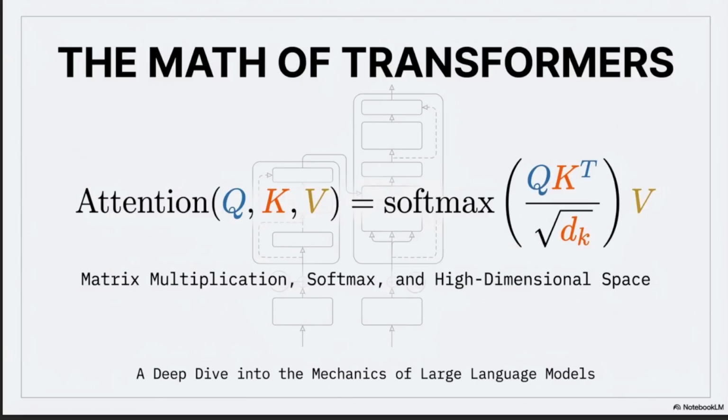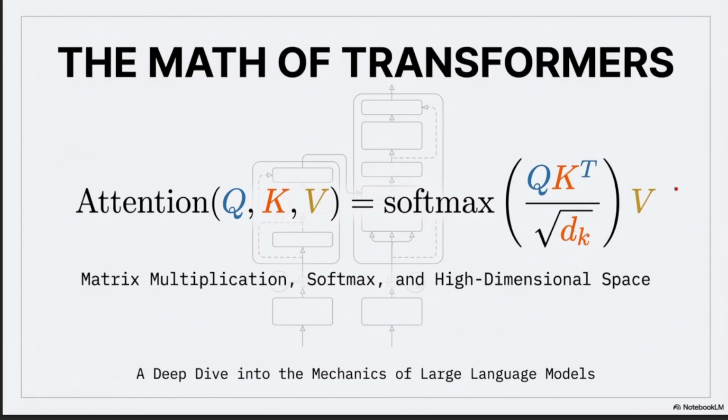Hello everyone, this is the second video of the Transformers architecture where we will dive into the math. In the previous video we saw the theoretical part, and now we're going to delve into the math. So we're stripping away the abstraction to look at the raw numbers.